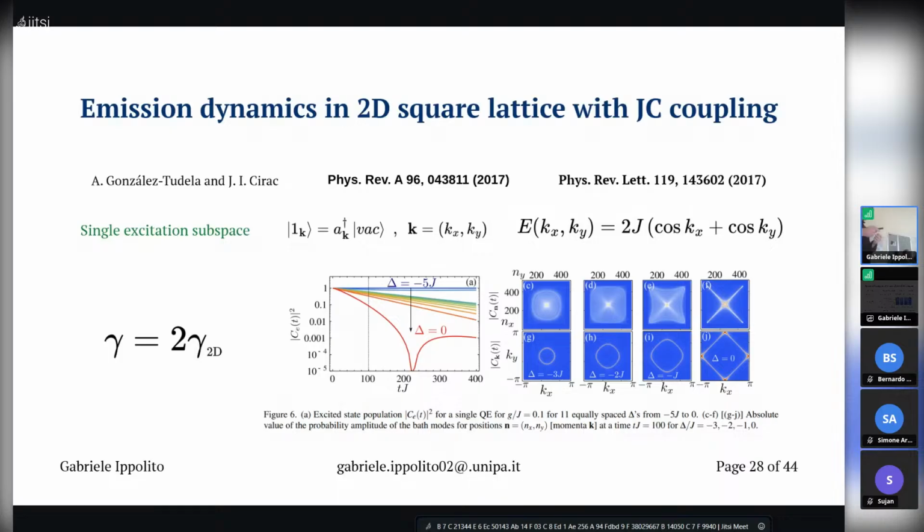And this factor of 2 is very important because it is linked to the statistics of the particles. It is linked to the fact that I have 2 photons in my system. But nevertheless, the functional dependencies of the excited state population over time, as well as the probability distribution of the emitted field in real space and in momentum space, are exactly the same.